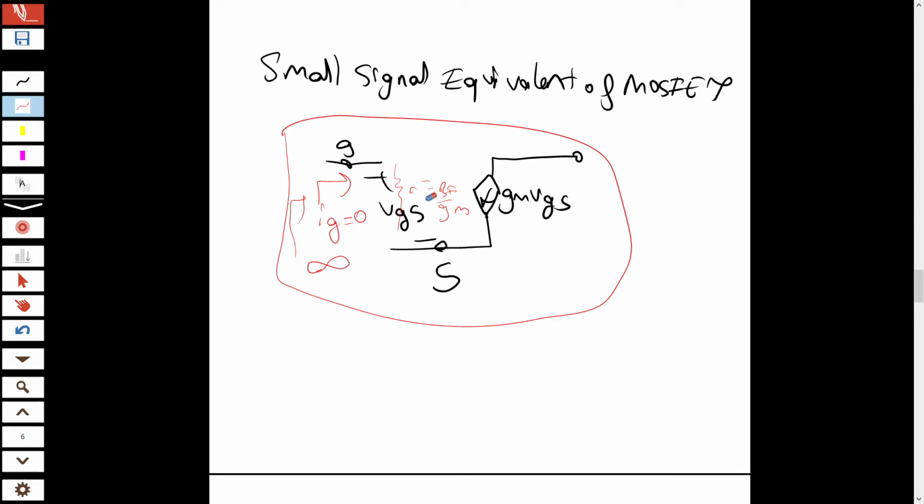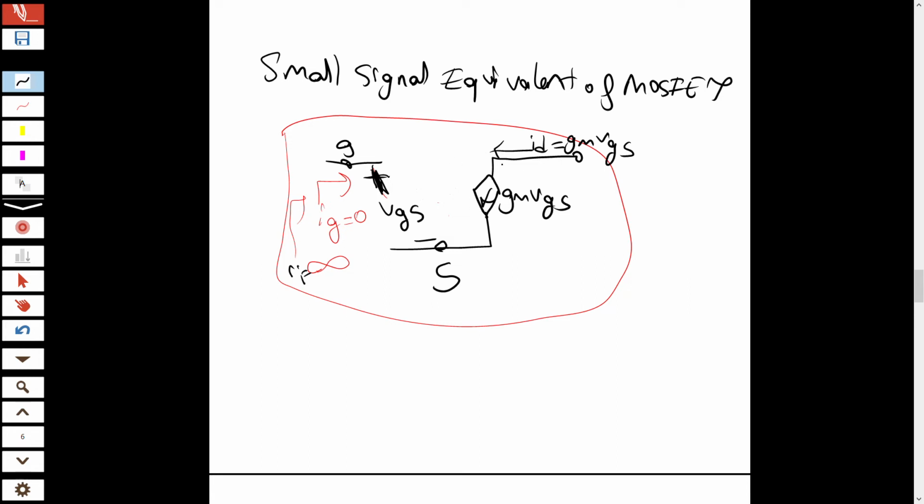This is MOSFET, so I am deleting this to avoid confusing your mind. So VGS, here our input, if you look from here, you see infinite resistance. There is a voltage drop of VGS here, and the current ID is gm VGS. This is small signal equivalent of MOSFET.